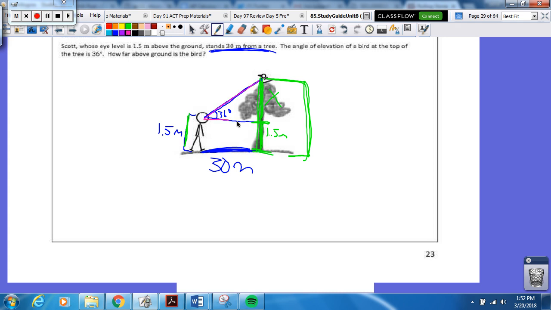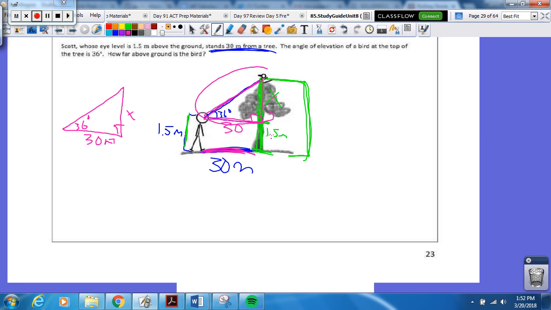So I need to look at this triangle here. If this is 30 here, this is also 30. So this is 36 degrees, this is 30, and this is x. Right triangle. This is what I'm trying to get. Once I get x, I can add 1.5, and I'm good.